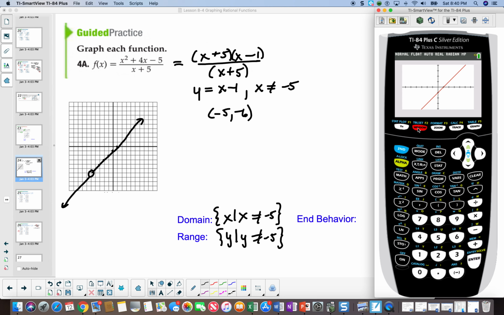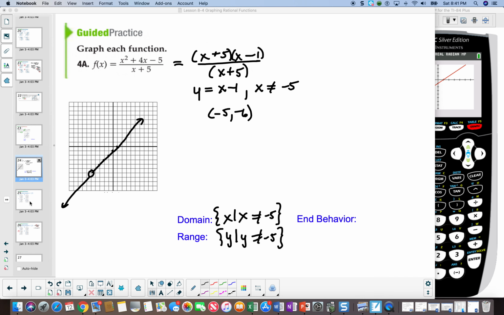So I'm going to go over here to my window, and I want to change my y value. So I'm going to times this y value by 2. And then I'll just go ahead and graph. And you can see there's a place where there's a hole right here. And that satisfies what we think is going to happen.